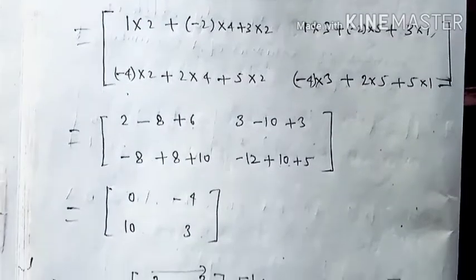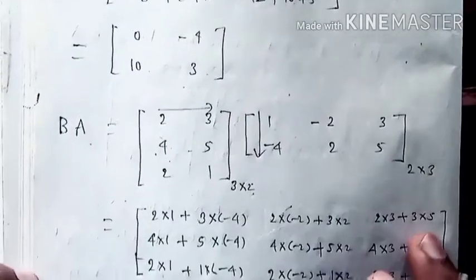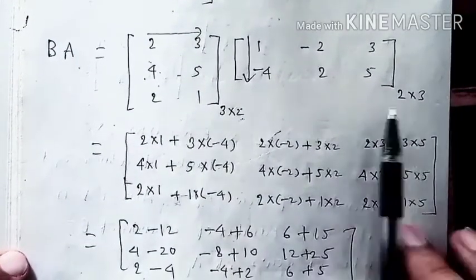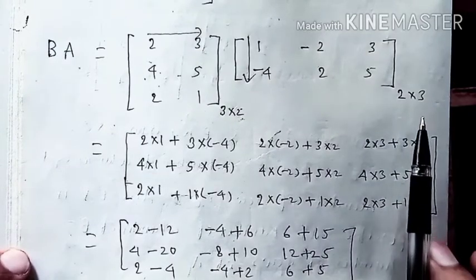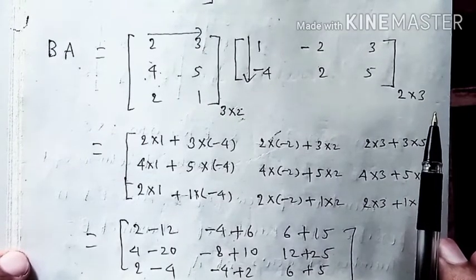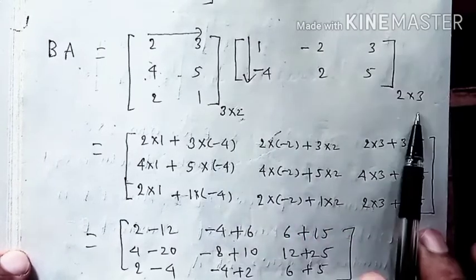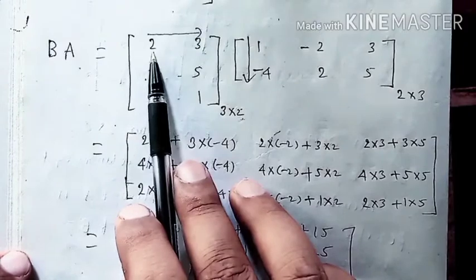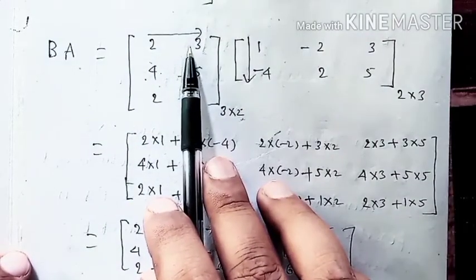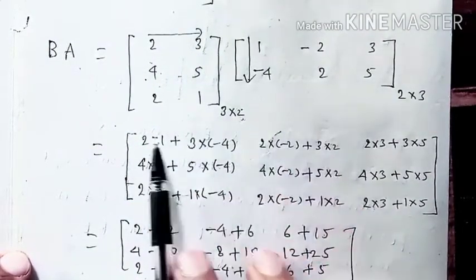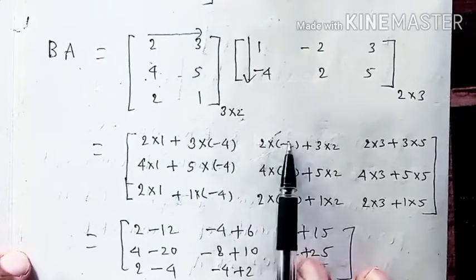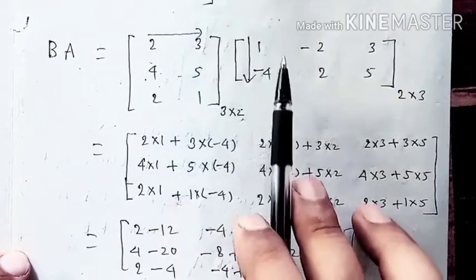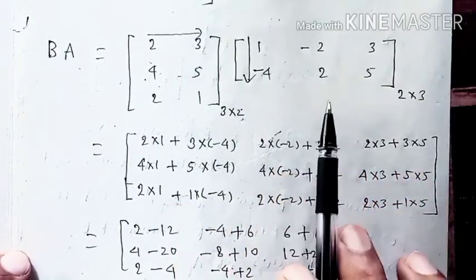Now we can find BA in the same manner. Here B has order 3 cross 2 and A has order 2 cross 3, so the resultant product has order 3 cross 3. To write a11, we multiply the elements of the first row of the first matrix with the first column of the second matrix and add them. Likewise, to write a12, we multiply the first row of the first matrix with the second column of the second matrix.